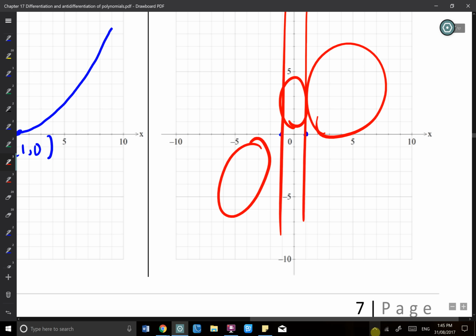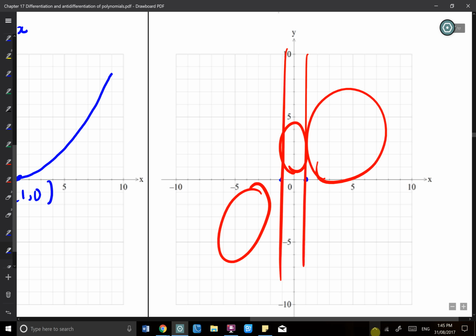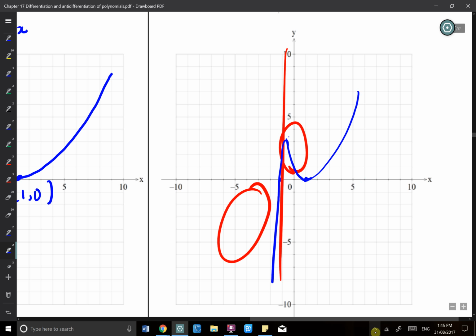And you need to pass through those 2 x-intercepts. Your graph will definitely look like, well, my sketching is kind of weird, but something like that.